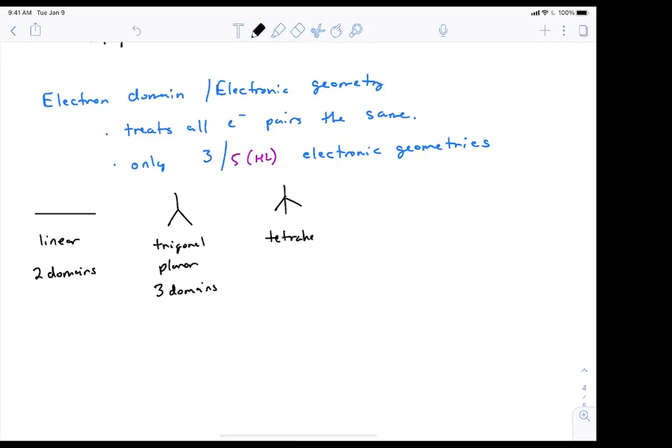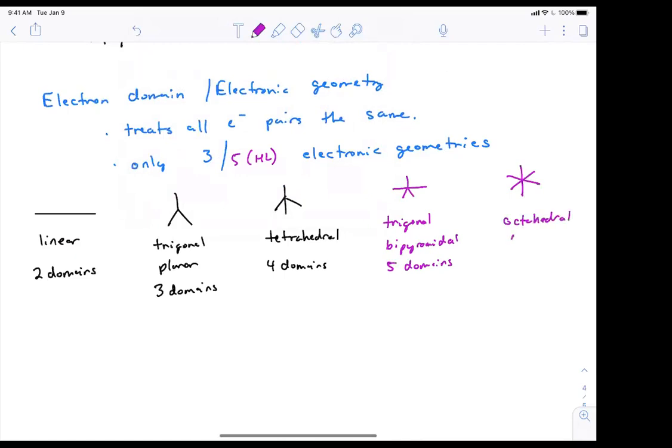Tetrahedral, where you have 4 domains. Higher level, you have trigonal bipyramidal, which is 5 domains, and then octahedral, which is 6 domains. So if they ask you for the electron domain geometry or electronic geometry, these are your only 5 options, because the bonding pairs and the lone pairs are all treated the same, so it doesn't matter.